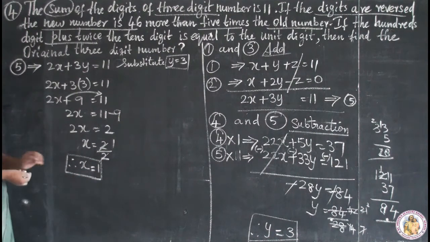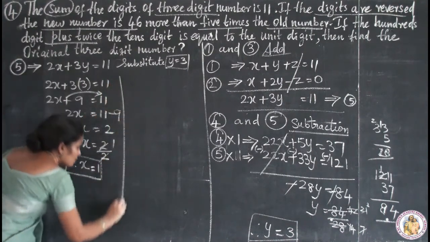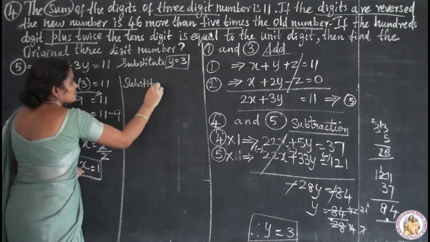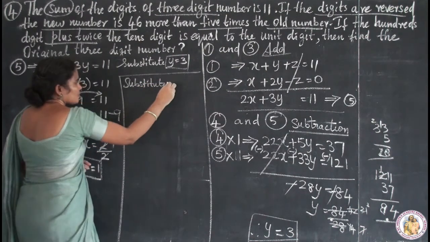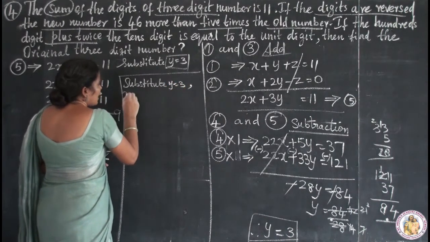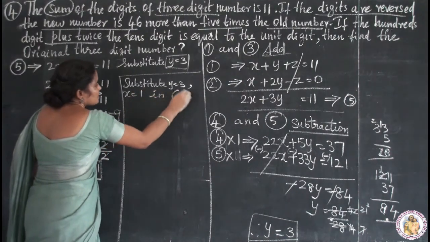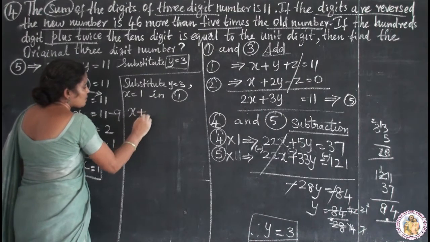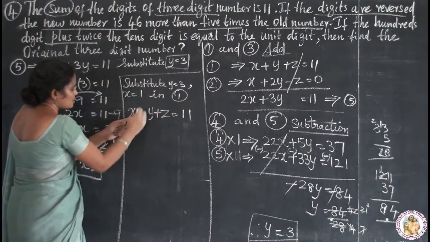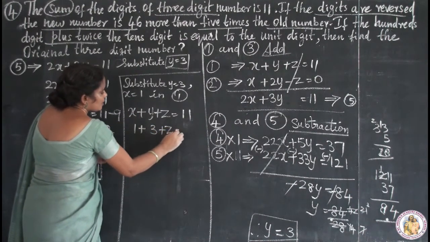We can substitute x is equal to 1 and y is equal to 3 in first equation. First equation is x plus y plus z is equal to 11. x is 1 and y is equal to 3, plus z is equal to 11.